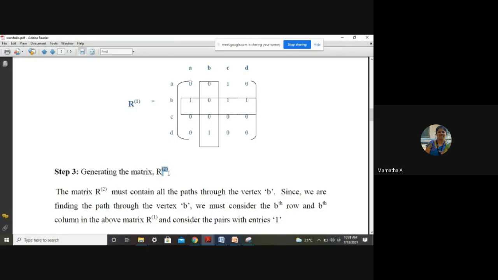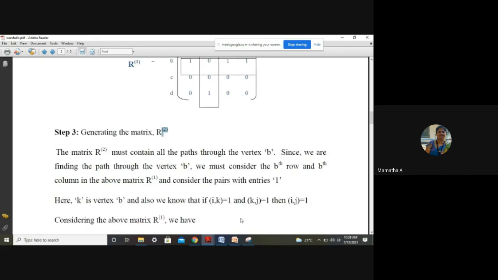B, ma'am. So we all know that if I comma k is 1 and k comma j is 1, then I comma j will be 1.